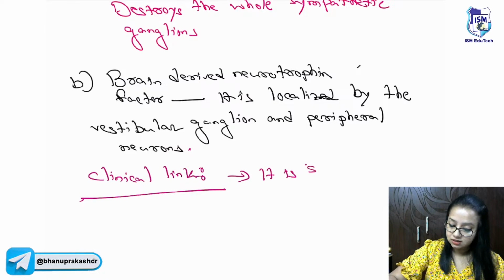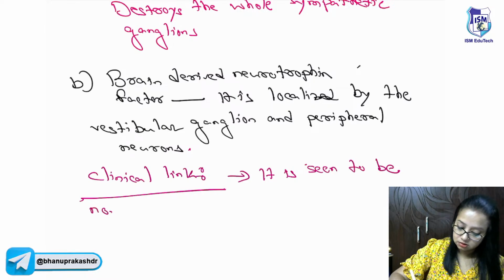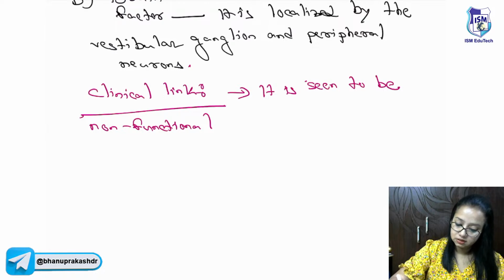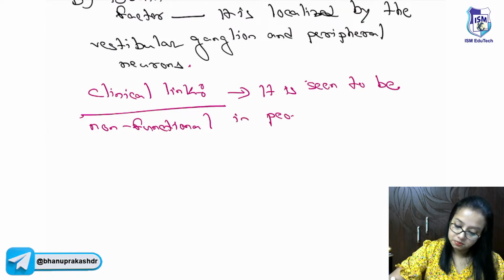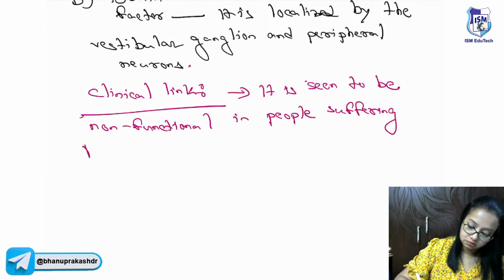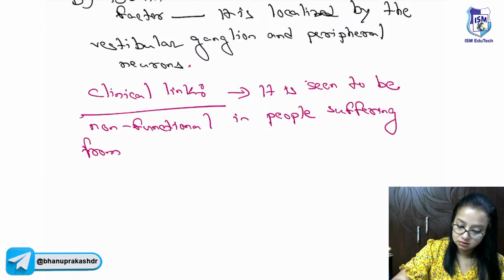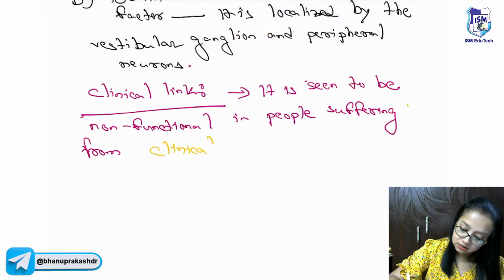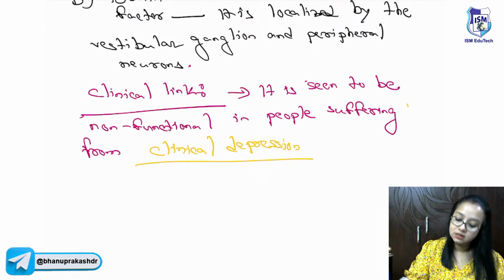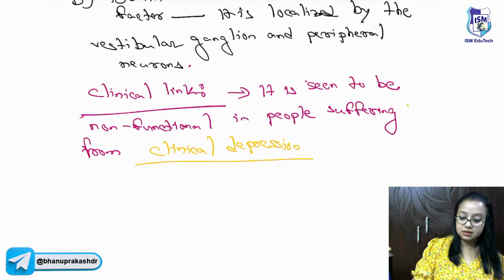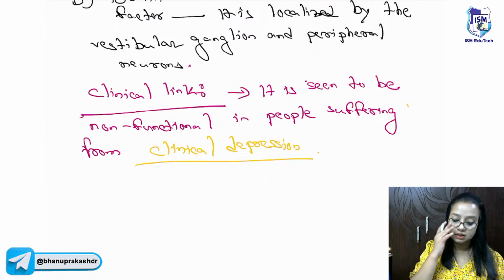It is seen to be non-functional in people suffering from clinical depression. So in people who suffer from clinical depression, the brain-derived neurotrophin factor is seen to be disturbed. It is seen to be inadequate.